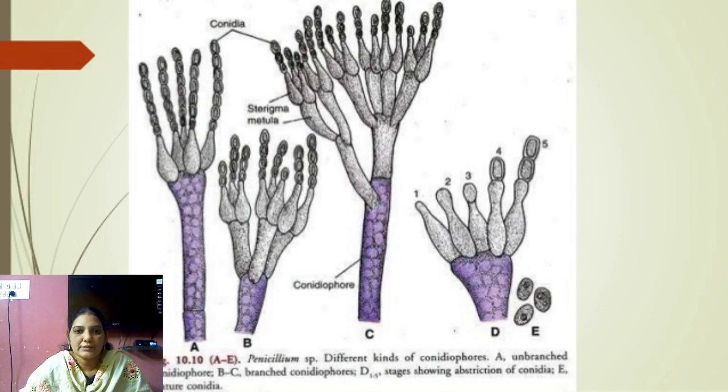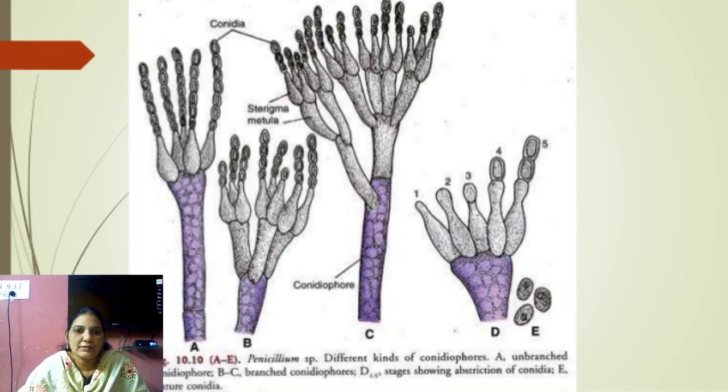Here we are looking at three types of pictures. In the first diagram, the conidiophore is divided into three types: monoverticillate, biverticillate, and multiverticillate. The first one is monoverticillate.